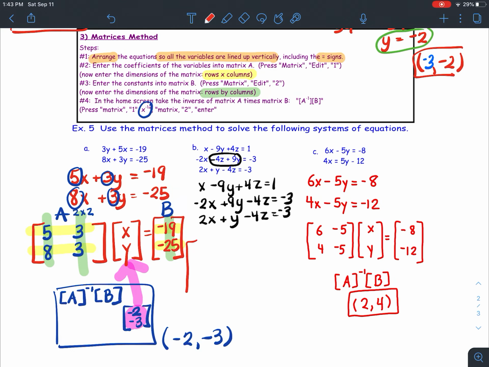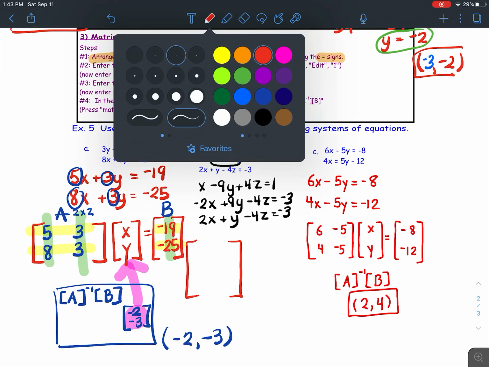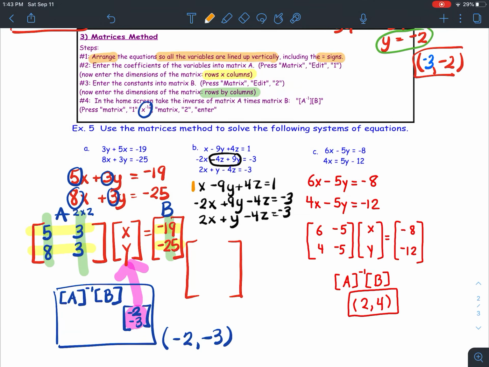Okay, on my paper, I'm going to write out matrix A. This one needs to be a little bit bigger. Remember the coefficients. Be careful, guys. If you don't see a number in front of a variable, like that x and this y down here, you should be using a 1. So 1, -9, 4, -2, 9, -4, 2, 1, -4.